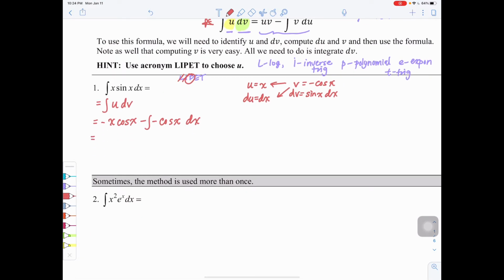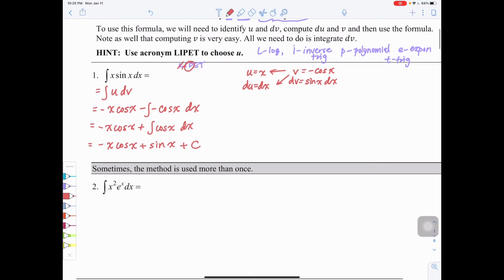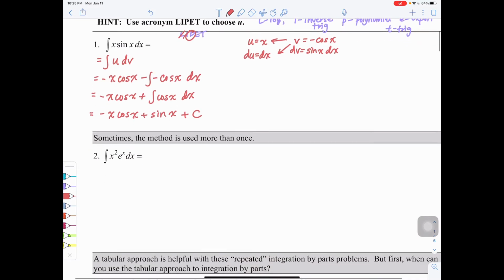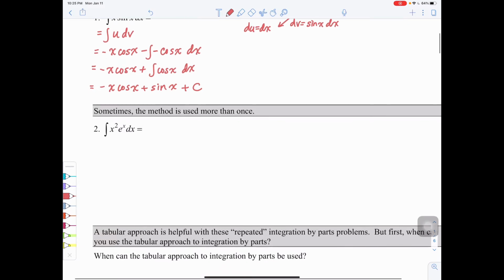Let's take a moment to clean it up. Okay, all we have left is to integrate the cosine of x, which is just the sine of x, plus C. And that's it. Now sometimes we might have to use this method more than once. Let's see what happens.